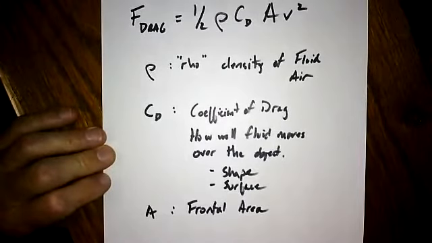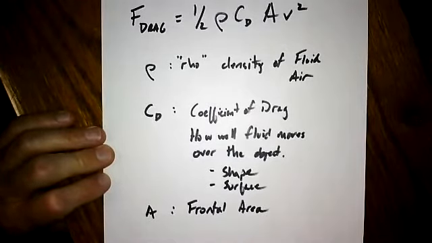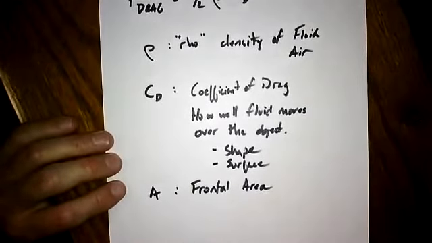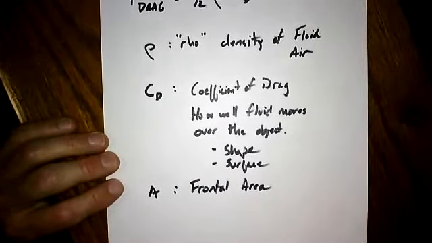We would take a picture of the cyclist and draw an outline around the picture from the front view of the cyclist. And that area would be what goes into this part of the equation, okay? If the wind's coming from the side of the person, we need to look at that area perpendicular to the direction of the fluid or air in this case.